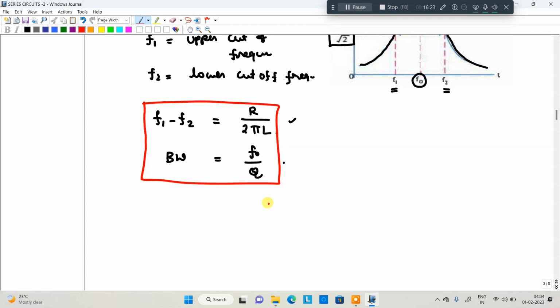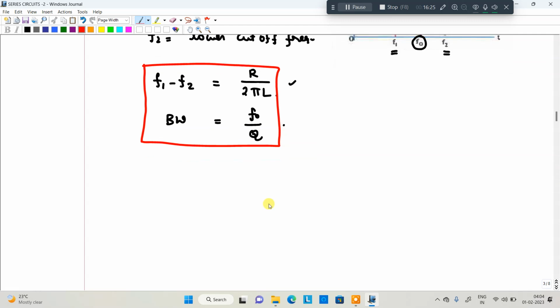After that, I am going to give you the half power frequency formulas. What is the half power frequency?